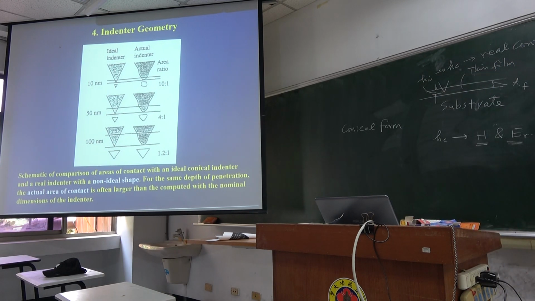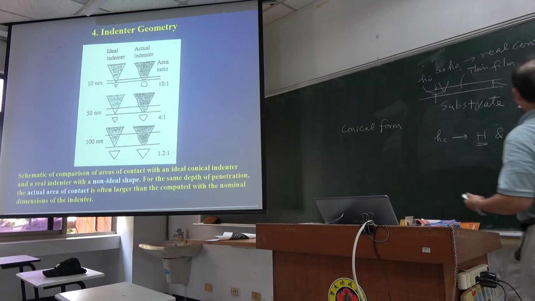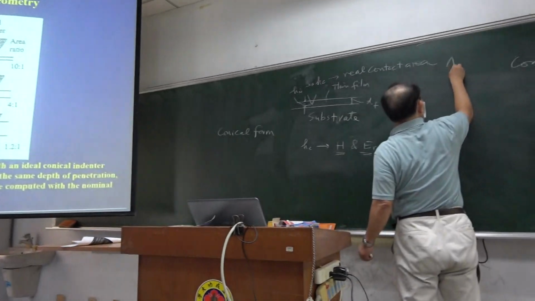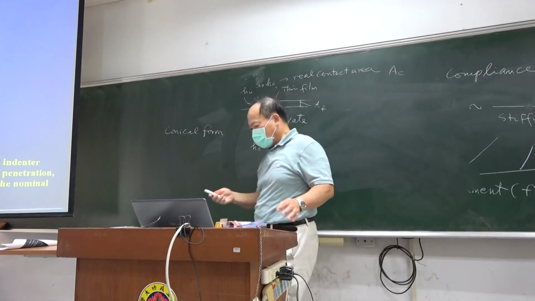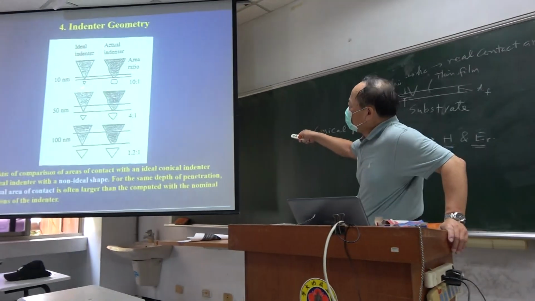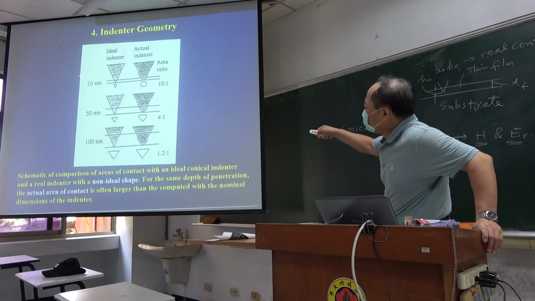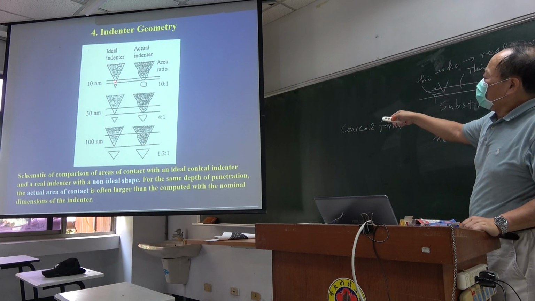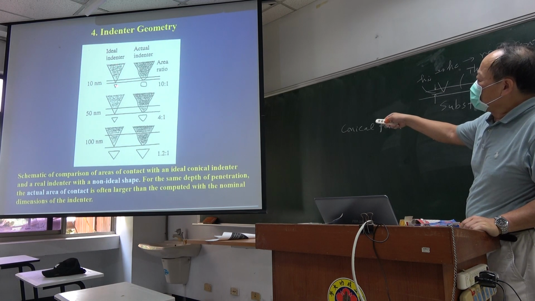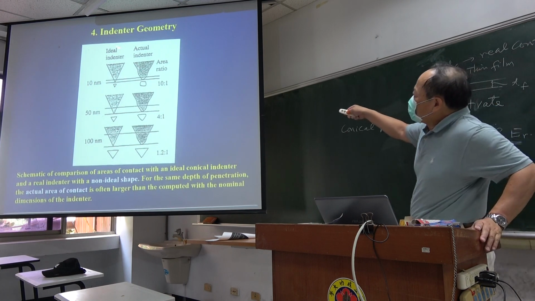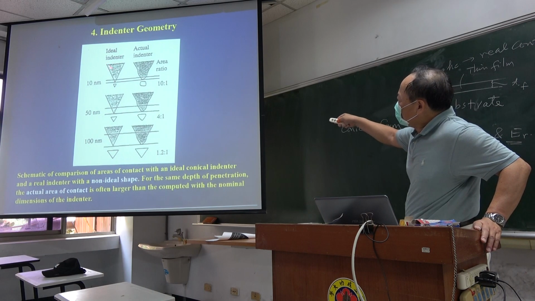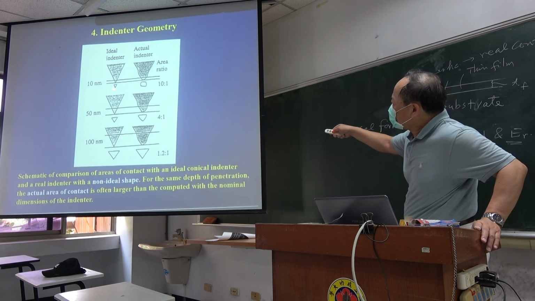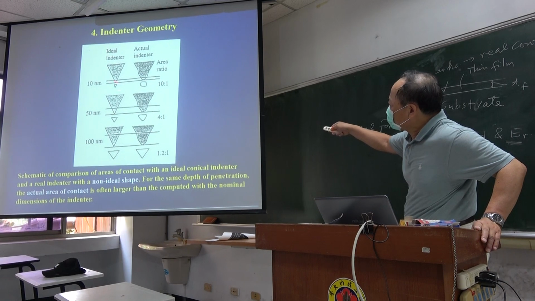Okay, now we want to see the real contact depth. We call it hc. If our indentation depth is 10 nanometers, then the real contact depth hc is shown at the bottom. If it is created by the ideal indenter, meaning you can prepare your Berkovich indenter in the ideal form, then your contact area has this form.